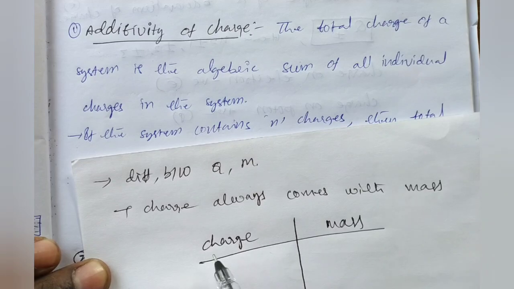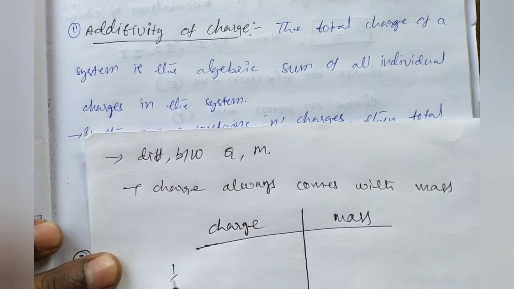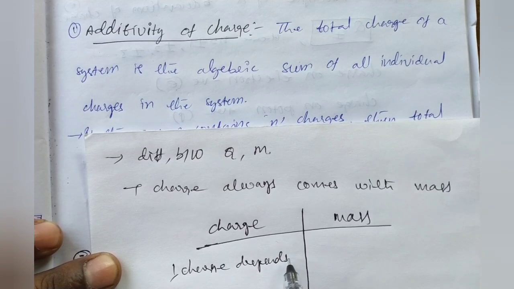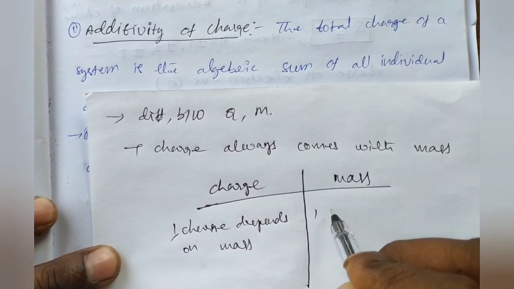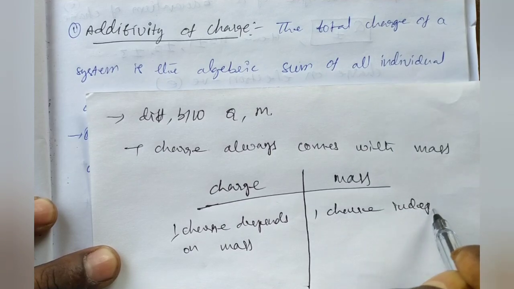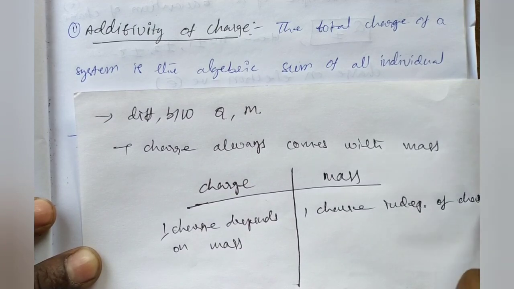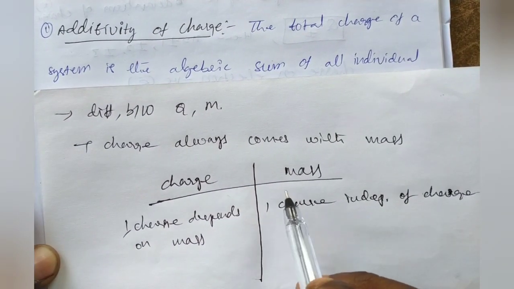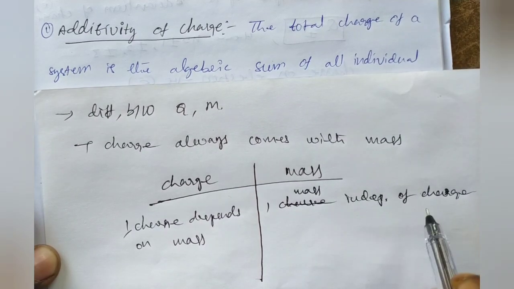Now what is the difference? Charge depends on mass of the body, but mass is independent of the charge.